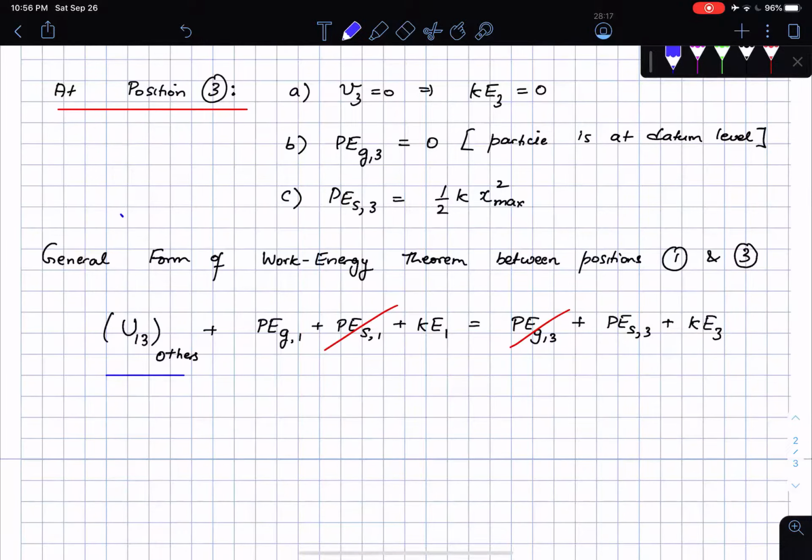So this is going to be the work done by the force of friction against the motion of the particle.